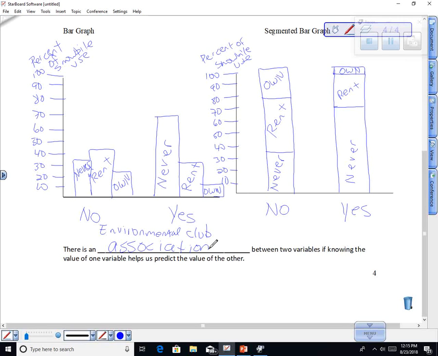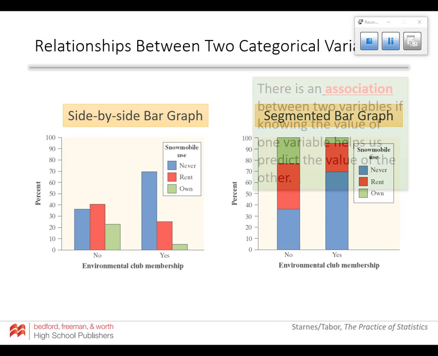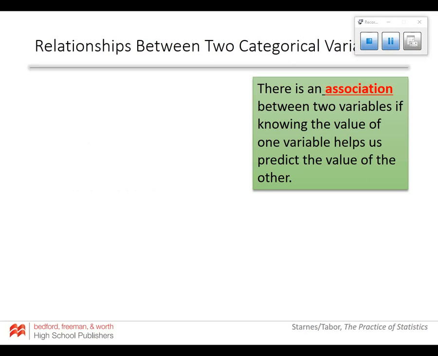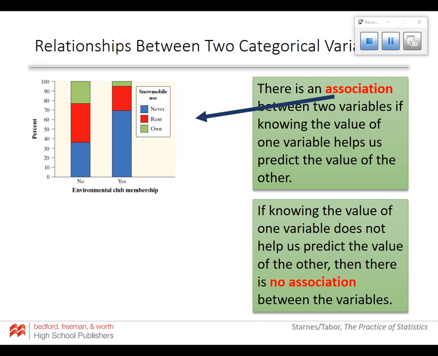All right. Okay, so this is where we're at right now. The picture and the graphs here look a lot better than mine. They're much prettier. They have a nice little key and they've labeled it. And so once again, side-by-side segmented bar graph. All right, so we just talked about what is an association, and you can kind of see, even clearer with the colors like that, that it does appear that there might be an association.